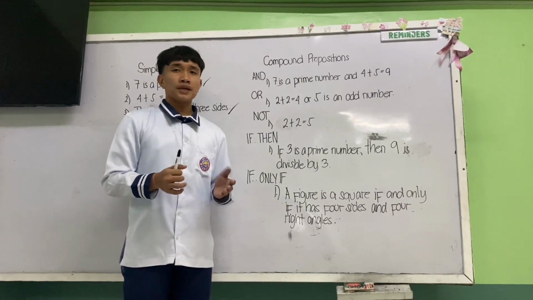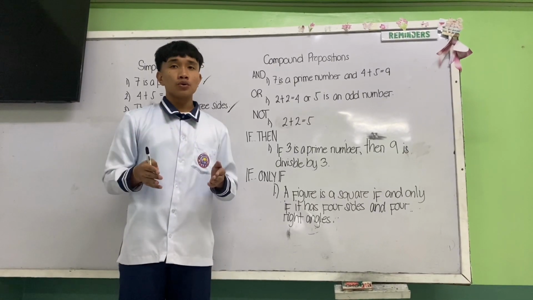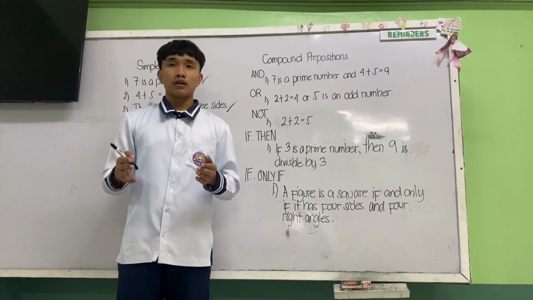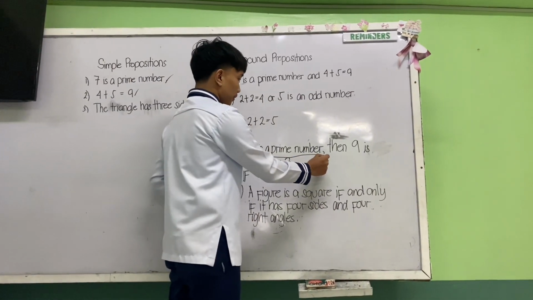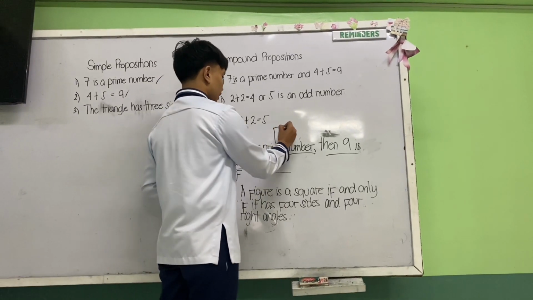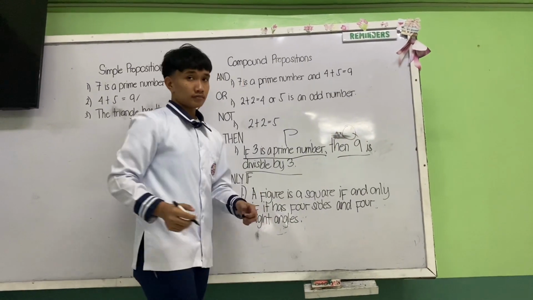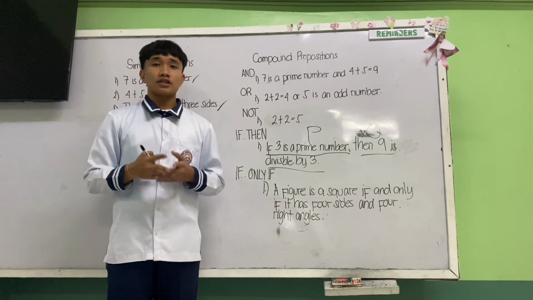Example, if P, 3 is a prime number, then Q, 9 is divisible by 3. Combined, if 3 is a prime number, then 9 is divisible by 3. So the result is true.